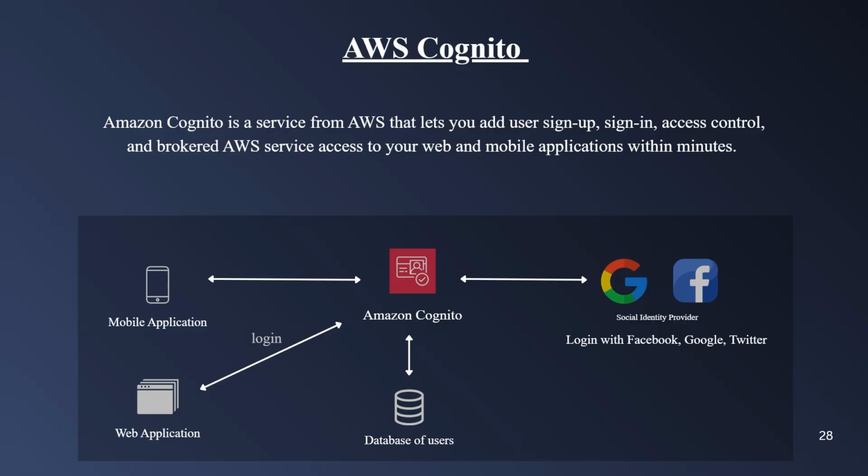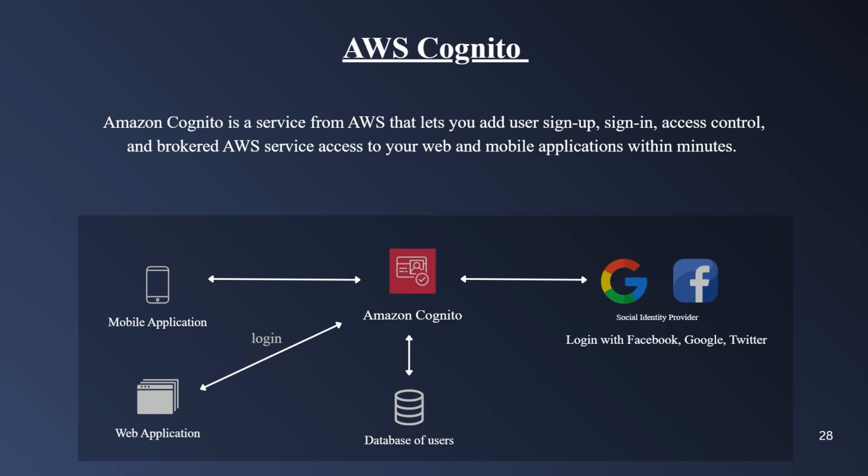You send the username and your password to Cognito. Cognito stores it. Cognito takes care of the password hashing. Cognito takes care of the sending of the emails. And it takes care of all of those things that we set up manually, right? But that's actually one part of Cognito.